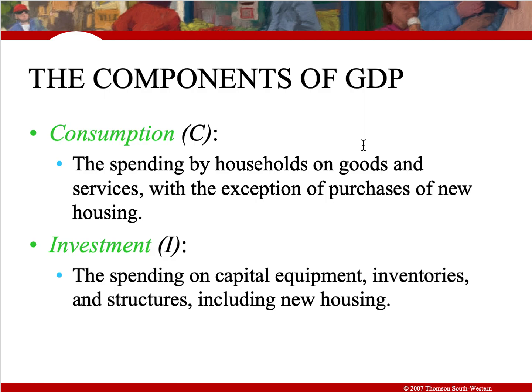You may do the purchase of the house this year, but you don't consume the house immediately after you purchase, because it will take time for you to be able to move into the house, stay in the house, and enjoy the house. And the second component, investment, simply refers to the spending on capital equipment, inventories and structures, including new housing.